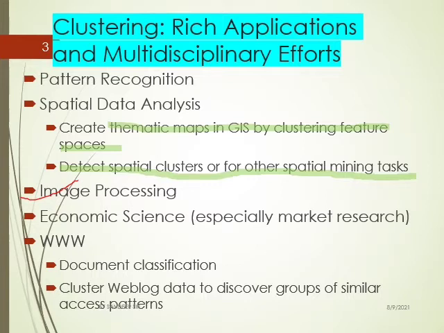It can be used in economic sciences also, especially in marketing research, when we try to evaluate different kinds of economic demand or supply based patterns. It can also be used with websites, to understand that one website is the real website and another is not.